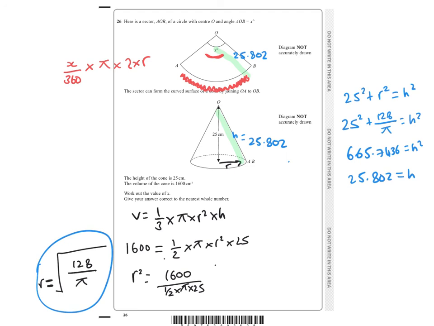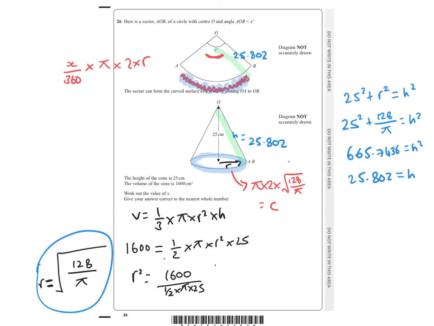So, to find this part here, we already have the radius of the circle, and we know the base of this is actually that section. So I know what r is, so pi times 2 times the square root of 128 over pi is our circumference.